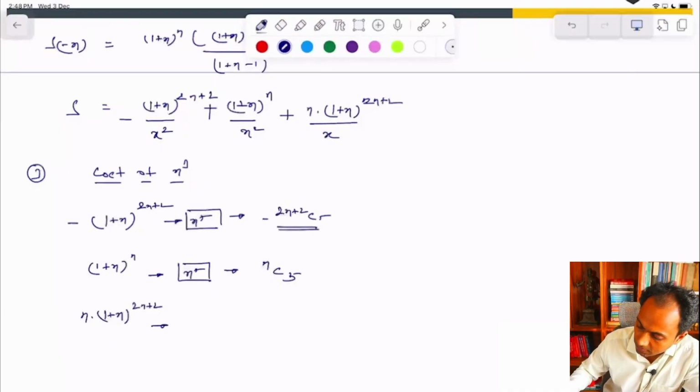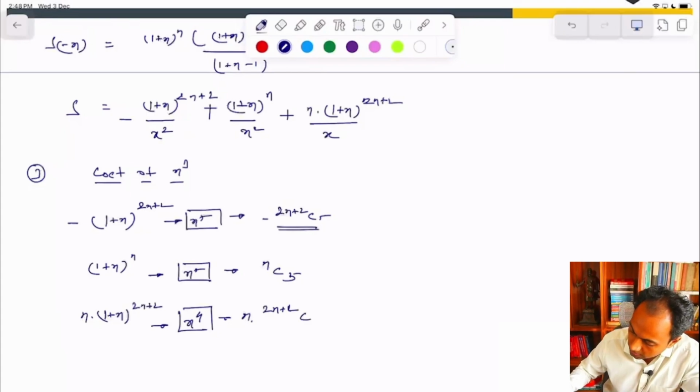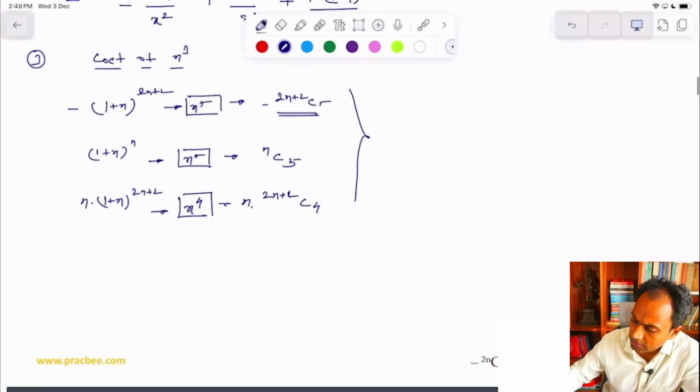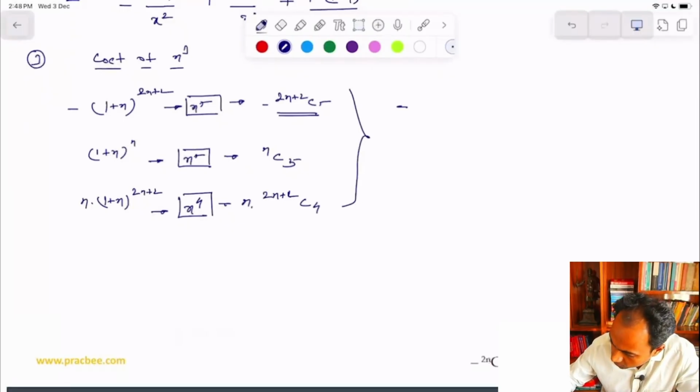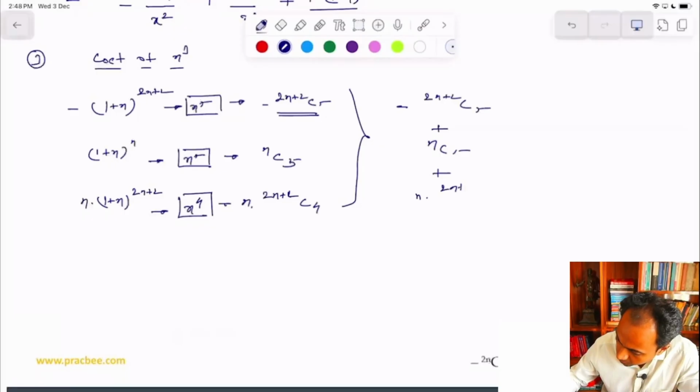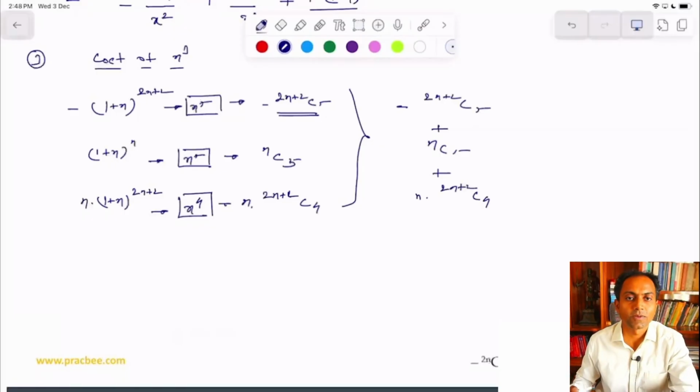From the numerator part I will want x raised to the power 4. Hence the answer will become n into 2n plus 2 C4. So my final answer would be the sum of these three terms. So the answer becomes minus of 2n plus 2 C5 plus nC5 plus n into 2n plus 2 C4. This is my final answer.